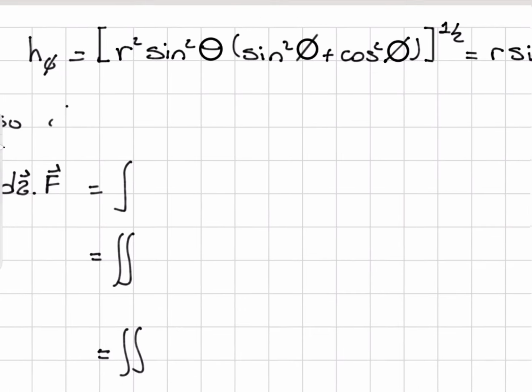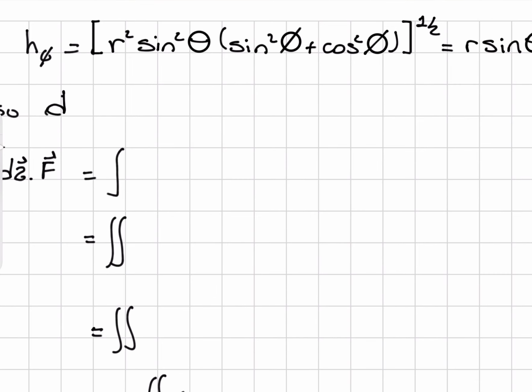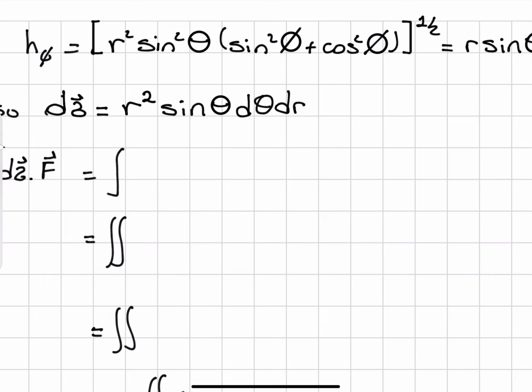Okay, so we can write our differential area vector d sigma: h theta, which is r, times h phi, which is r sine theta, so we have r square sine theta d theta d phi in the e_r hat direction on the radial axis.